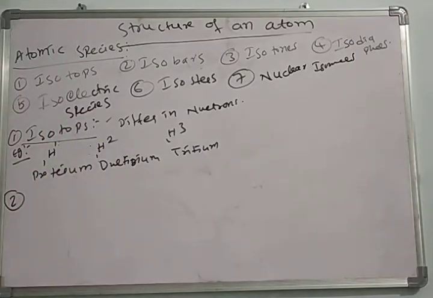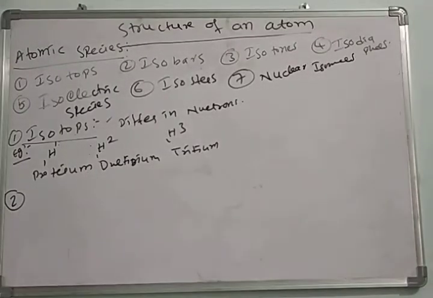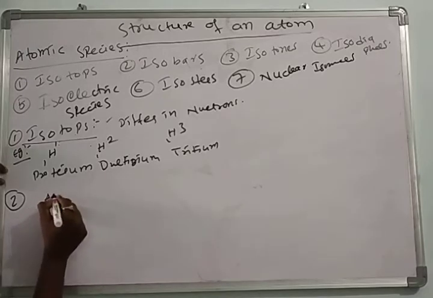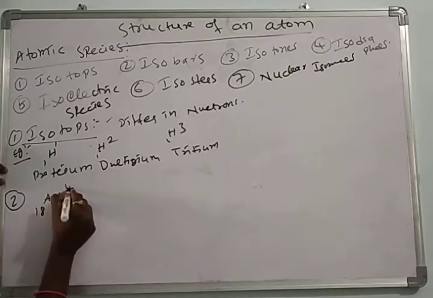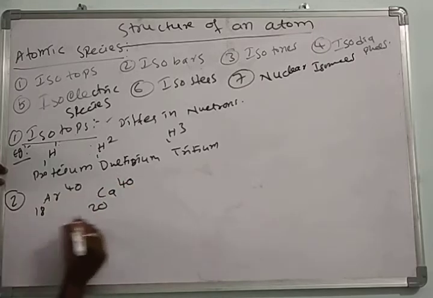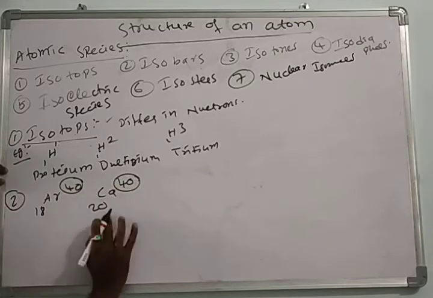Second one, isobars. The atomic species which have the same mass number but different atomic number are simply called isobars. Example: argon 18 40, calcium 20 40. These have different atomic numbers but the same mass number.